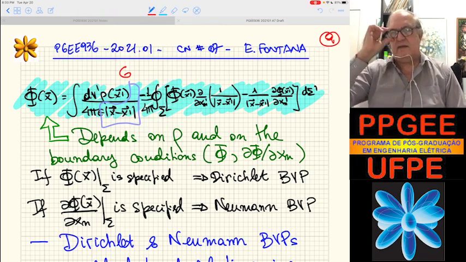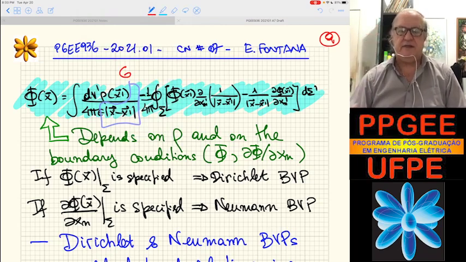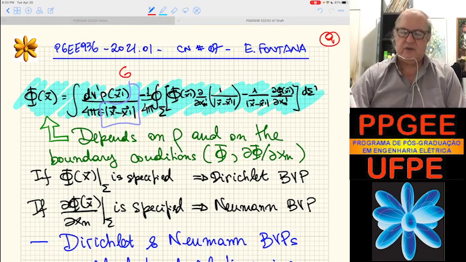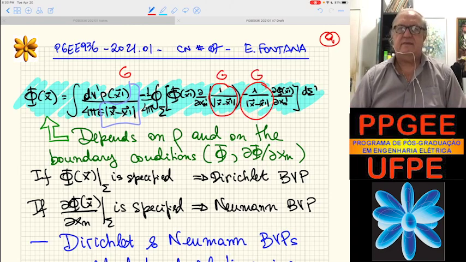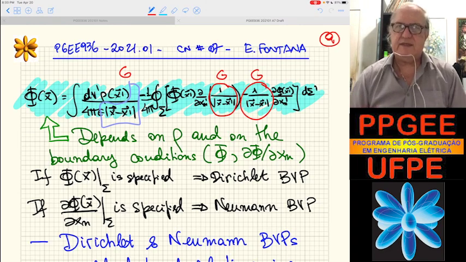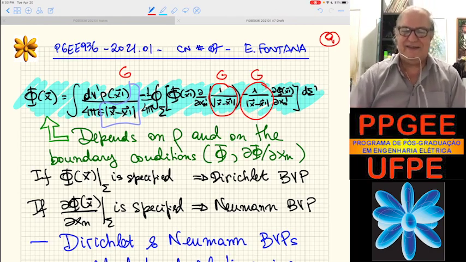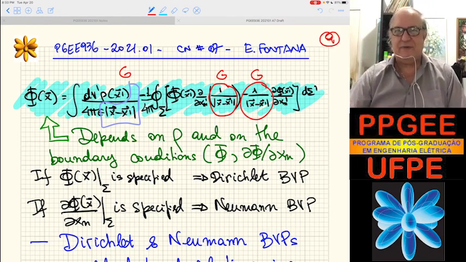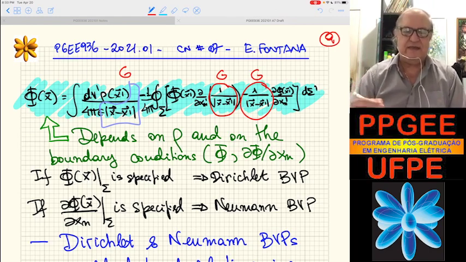The inverse function is replaced by g. And also here, this is the derivative of g, and this is g. So now we have a different result. What is g? Well, we have to solve for g. There's a new problem to be solved. I have to solve for the function g.